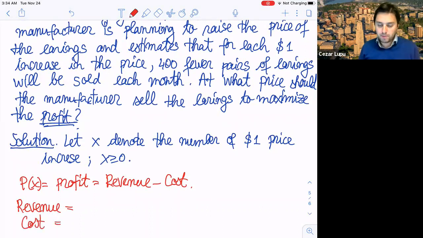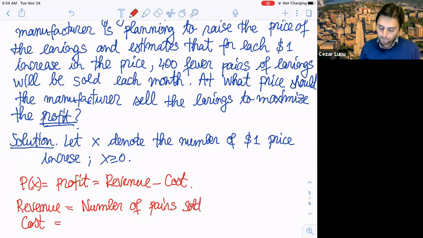So the revenue will be the number of pairs sold times the price per pair.